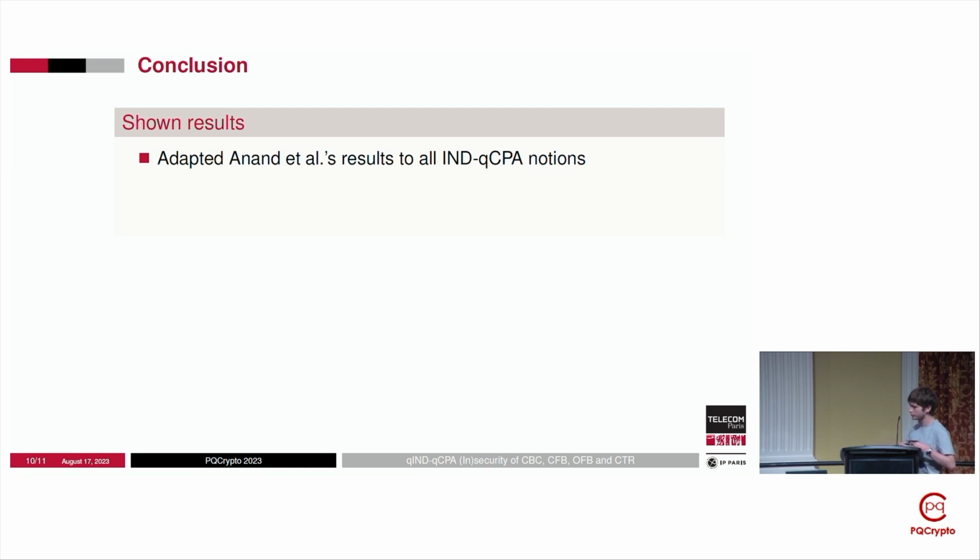et al. results to all qIND-qCPA notions, and showed the P13 insecurity of CBC, CTR, OFB, and CFB. This allowed us to completely characterize the security of these modes. In fact, this is but a pretext to study what the qIND-qCPA notions defined by Tristan et al. really mean.